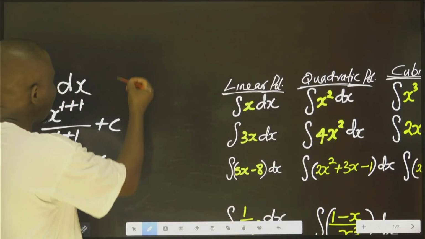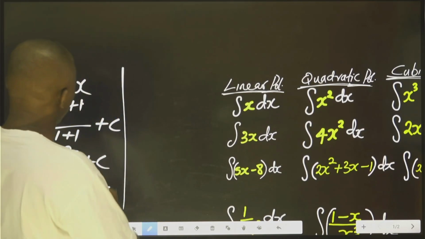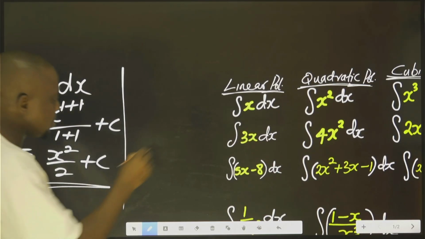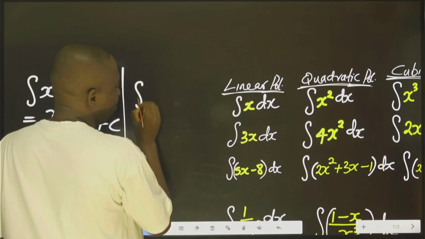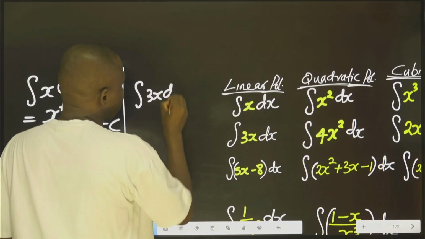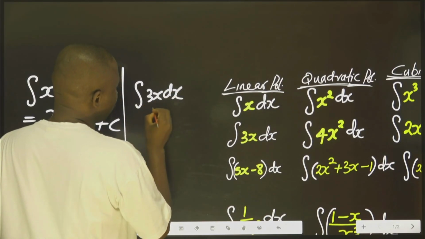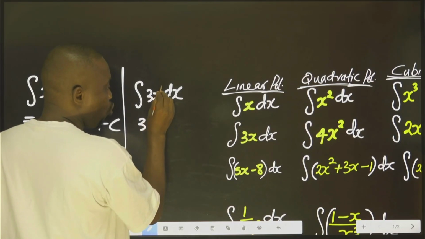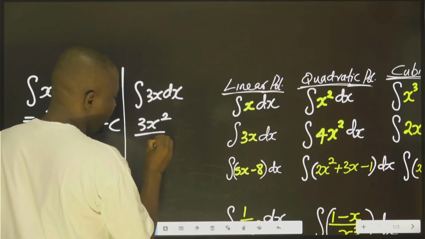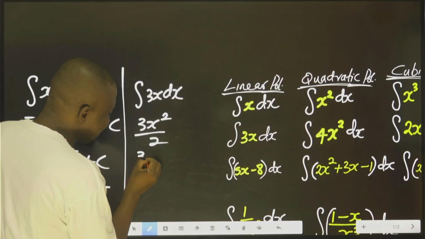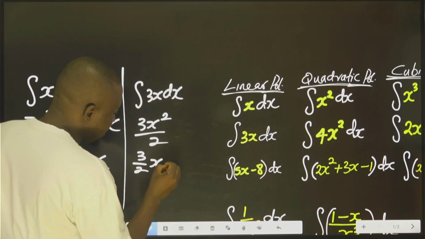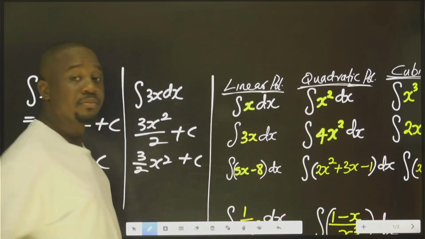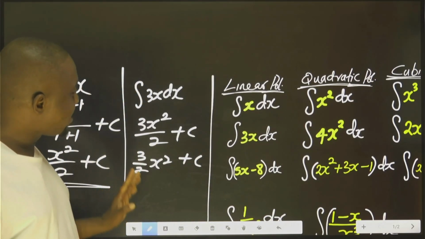Okay? What about the second one? Now I'm not going to show you all this breakdown anymore. Let's see. For this one now, we simply do 3x^(1+1), that is 2, over 2, which you can write as 3x^2 over 2, remember, plus c. Very easy.